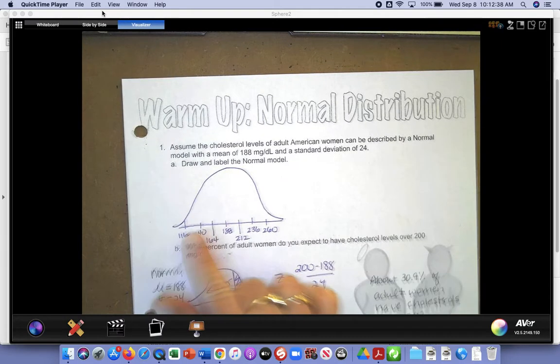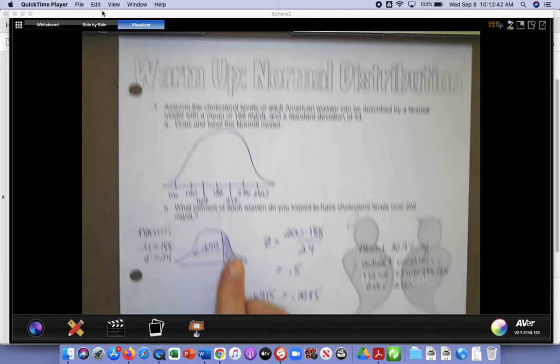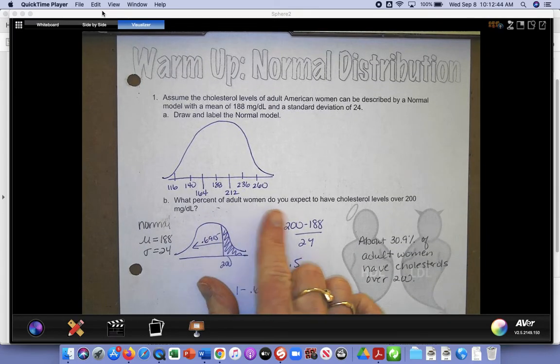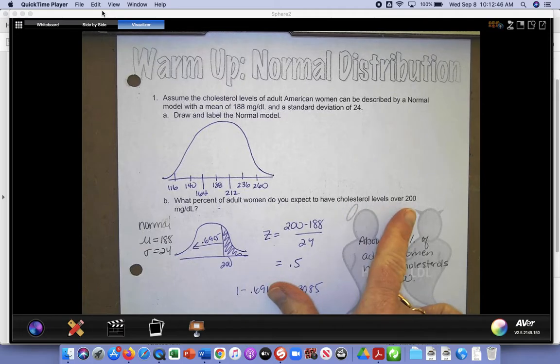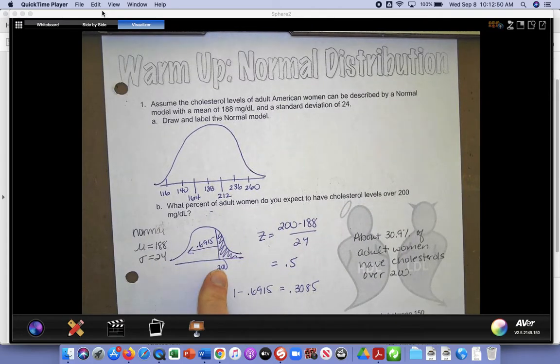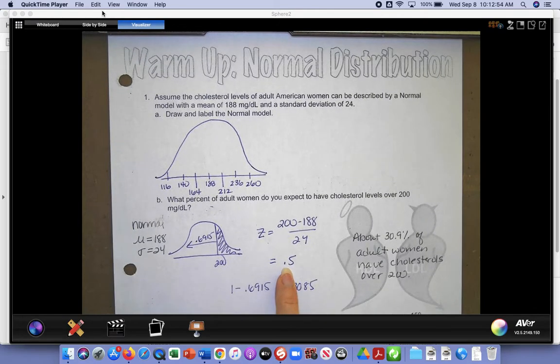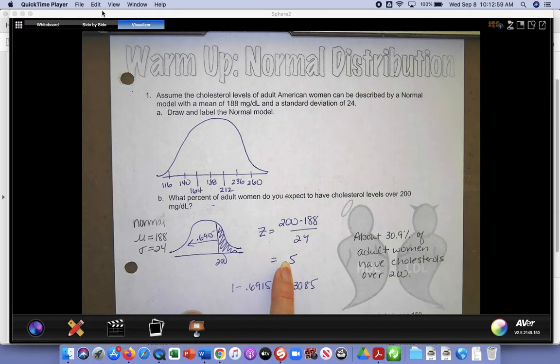First part, you're just drawing a little picture there, marking it off. This one says, what percent of adult women do you expect to have cholesterol over 200? There's my notation. Here's my picture here. I went over 200. I found the z-score of 0.5. I looked it up in my table. This is the z-score. It is not an area.